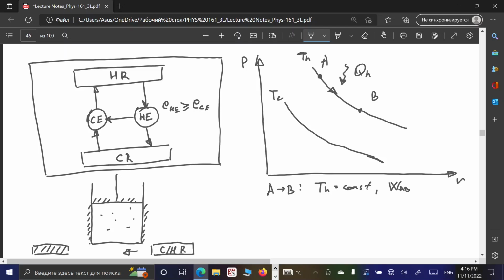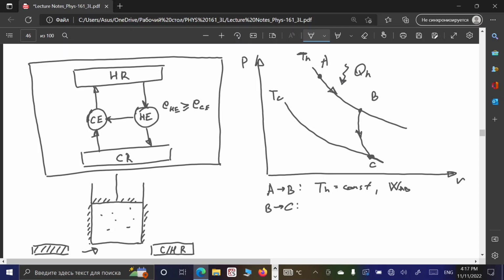Now let us consider the second process, and that is process BC, which happens when, instead of the hot reservoir, we place here a thermal insulator.